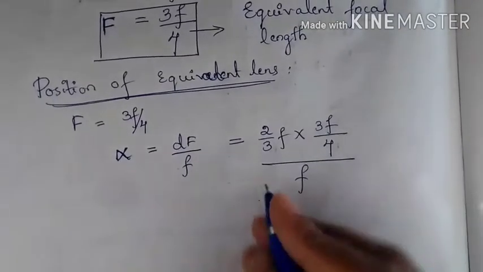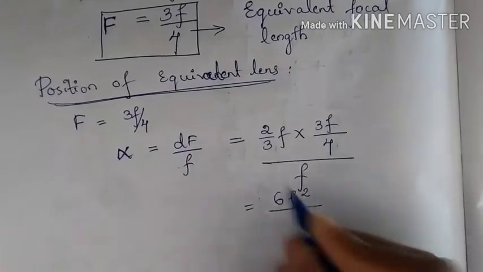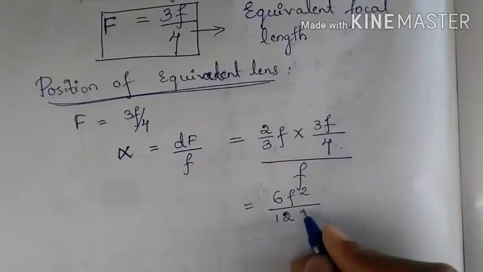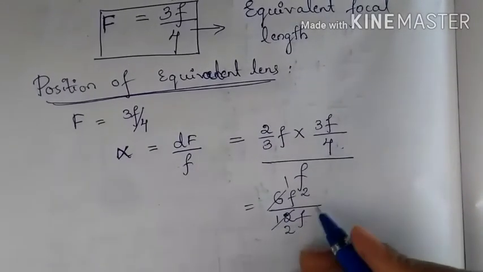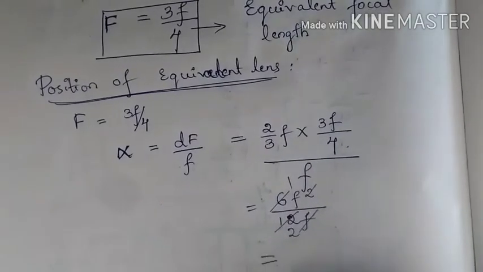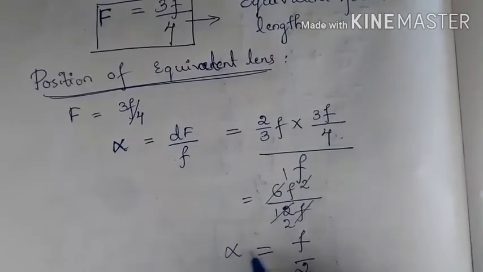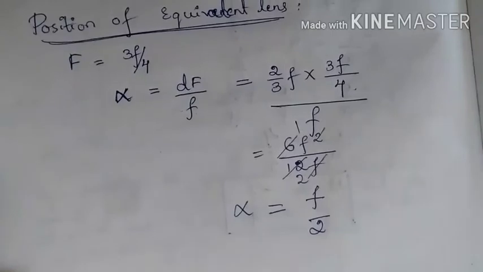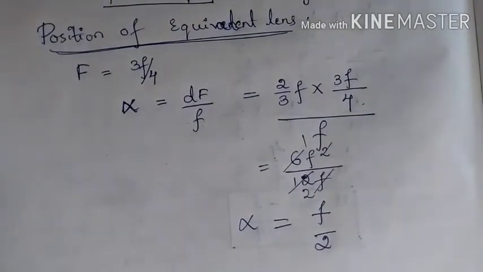So 3 2s are 6f square divided by 4 3s are 12, and this whole divided by f. So 6 1s are 6, 6 2s are 12, f will get cancelled. What remains is f by 2. So alpha here is f by 2, that is, alpha denotes the position of the equivalent lens.